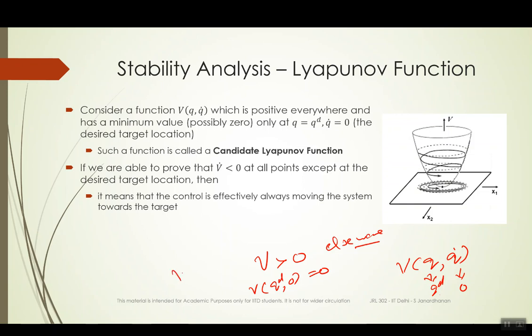Now, if we are able to assure that V dot is less than 0 at all points except this qd, 0, then what we are effectively saying is that the trajectory is moving towards the point qd, 0, because the magnitude has to decrease, so it is going towards that point. That seems to be an obvious, natural conclusion out of that.